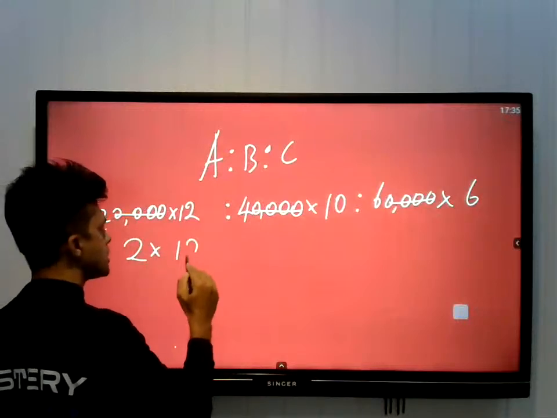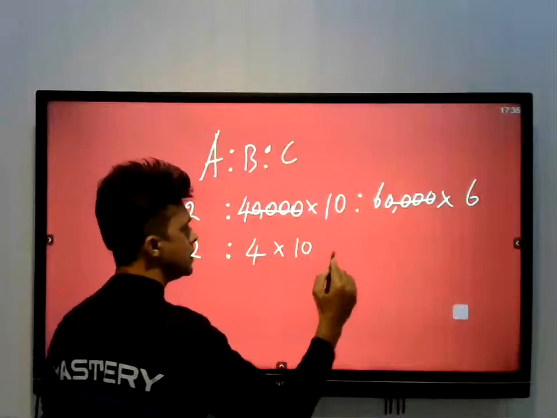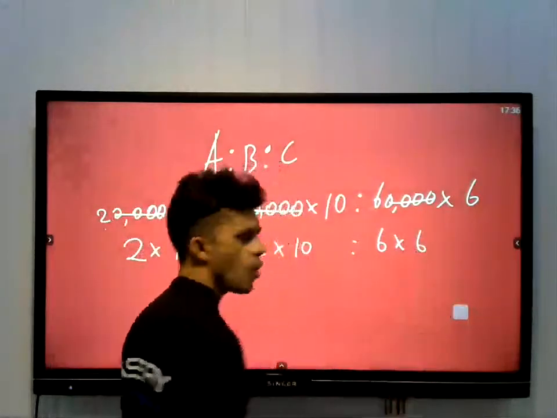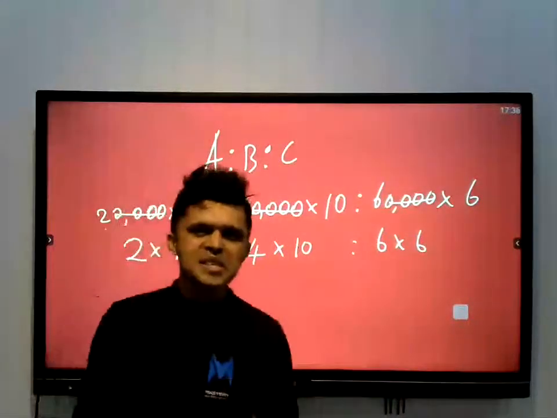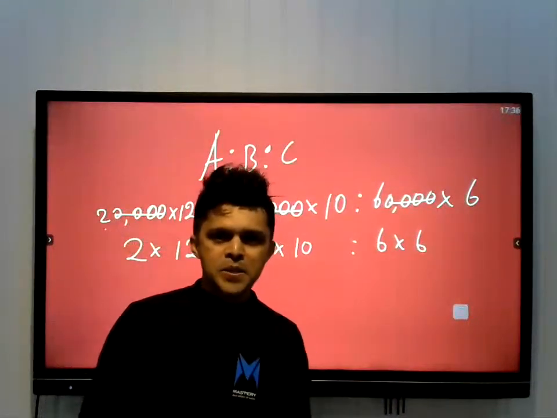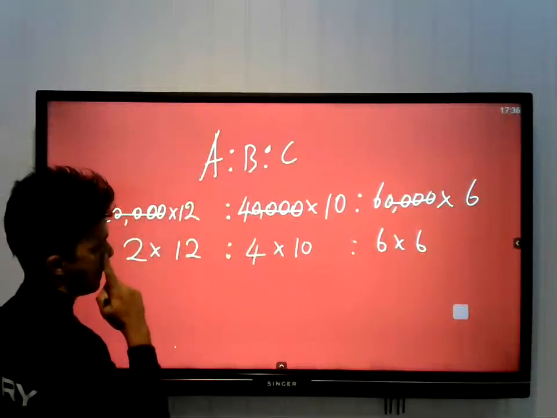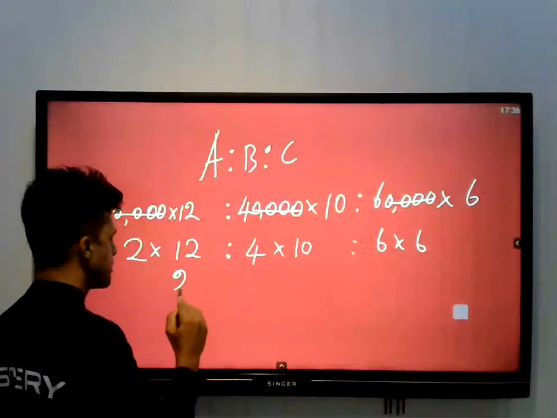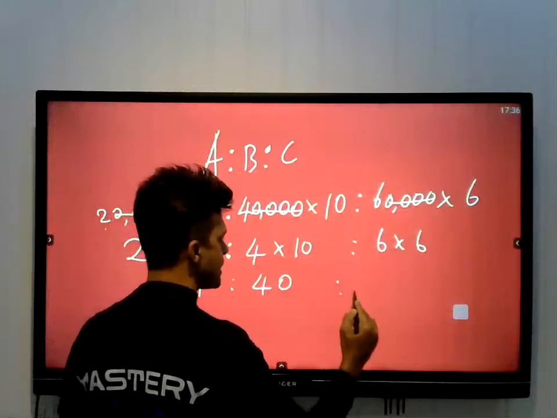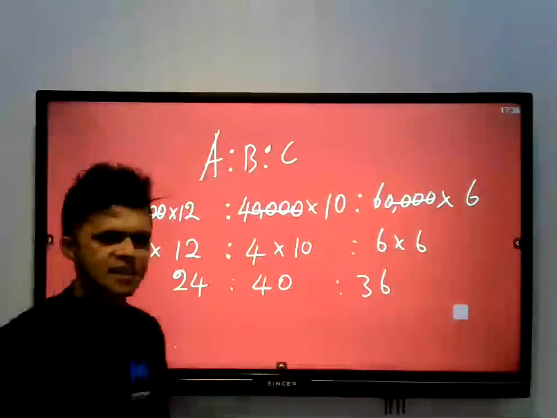2 into 12, 4 into 10, 6 into 6. Now how can you do this? This is the easiest way of simplifying this type of sum. 2 times 12 is 24, 4 times 10 is 40, 6 times 6 is 36.